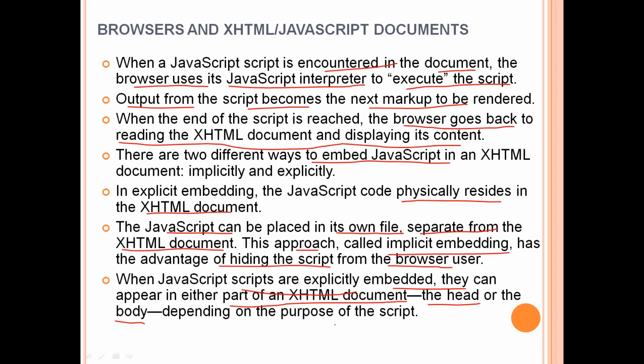One is inside the head tag, where we can include it in a script tag, or we can have it inside the body tag. So it can appear in two different places, either the head or the body section of our document. That totally depends on the purpose for which we are using the JavaScript, and we will see that when we go through the example programs.